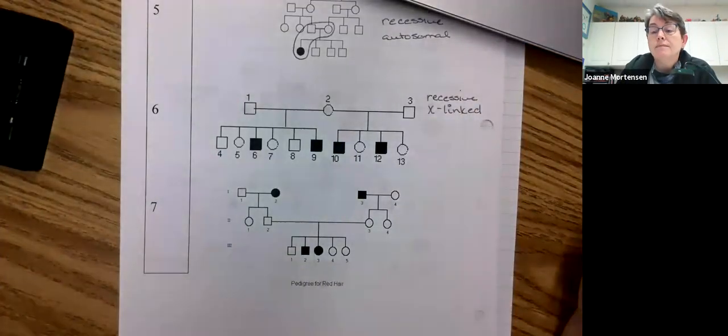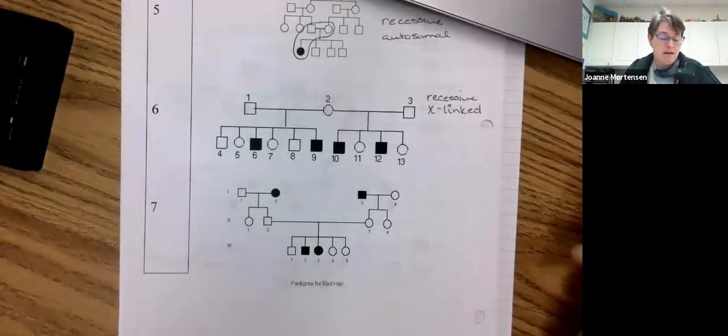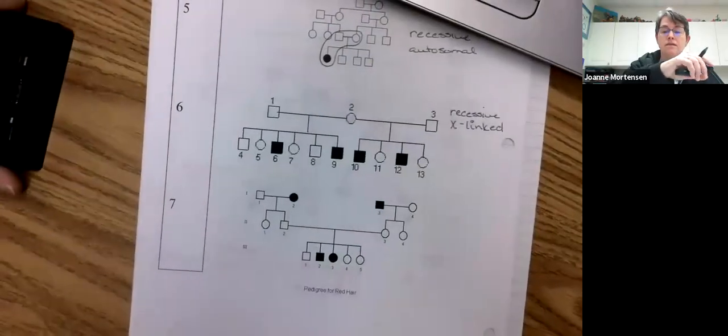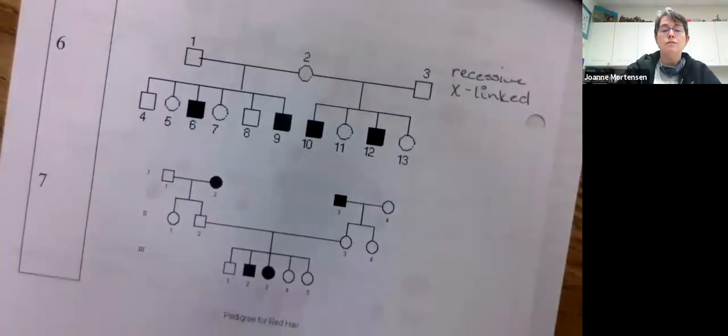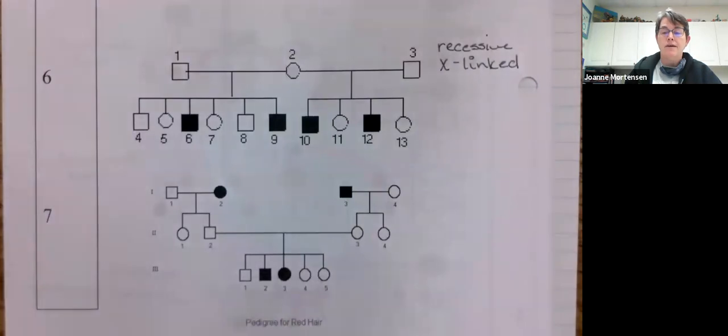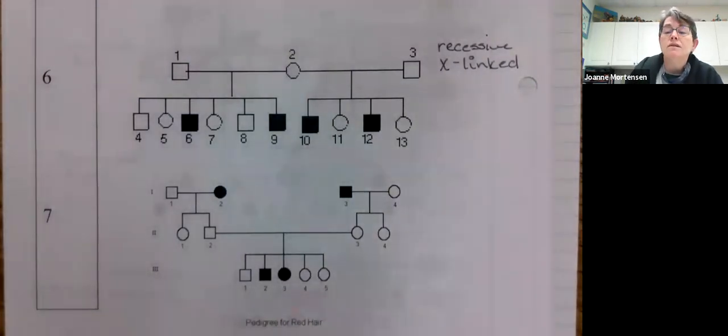And on this one, I may regret this, but we're going to go through and determine the genotypes of each individual in this picture if we can. Sometimes you're just supposed to find the pattern, but sometimes I also ask you to determine the genotypes of individuals.